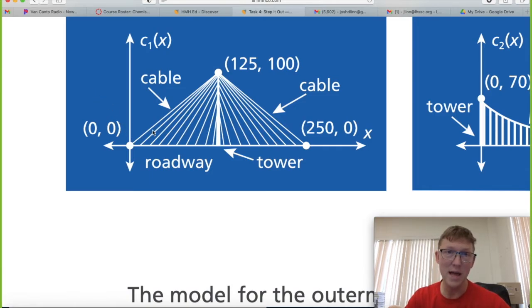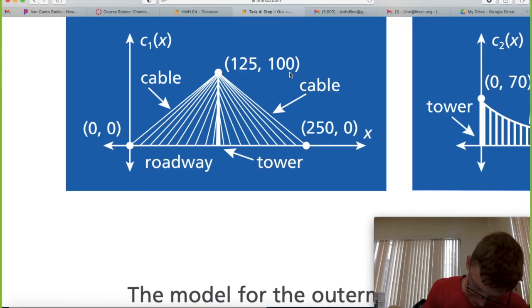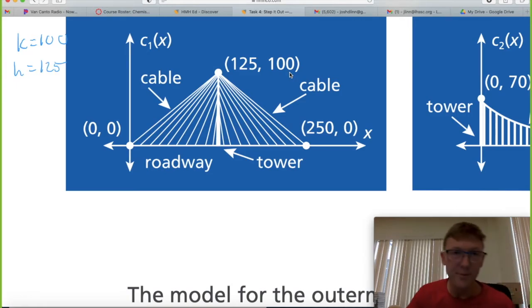So for h and k, how does that vertex move? Well, it moved to the right. How many units? And then it moved up how many units? So our k, the up and down, is going to be equal to 100. And then our h is going to be equal to 125.